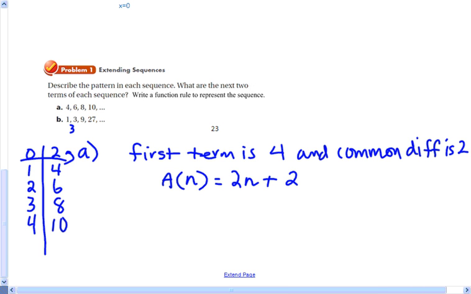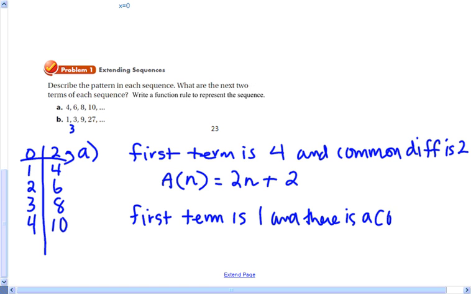If you do 9 divided by 3, you get 3, and so on. So if we describe this, we say our first term is 1, and there's a common ratio, not a common difference, of 3. All right?